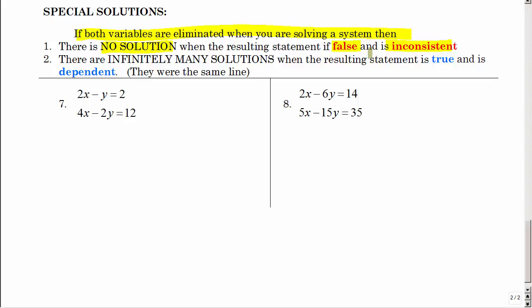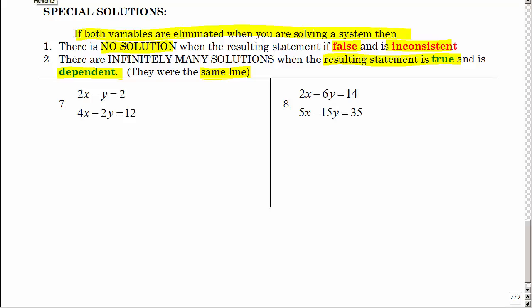This is the exact same typing I had on the last lesson. If all your variables go away and the resultant statement is true, then it's dependent, meaning they were the same line.